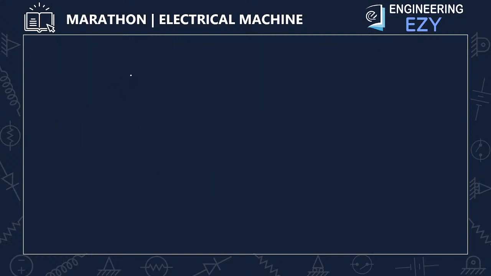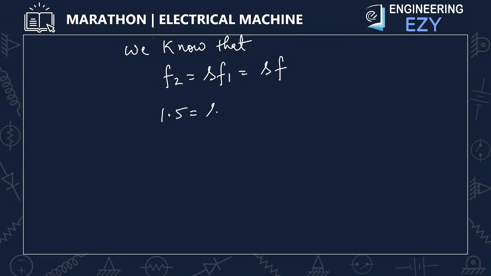So how can we calculate the slip? We know that rotor frequency is equal to slip times stator frequency, or slip times supply frequency, because supply and stator frequency remain the same. So f2 is 1.5, which is slip times the supply frequency of 50 hertz.